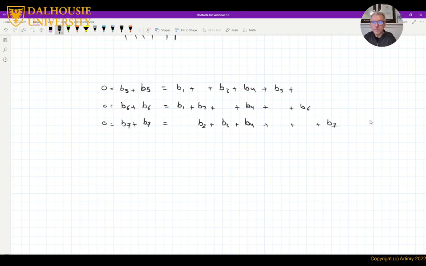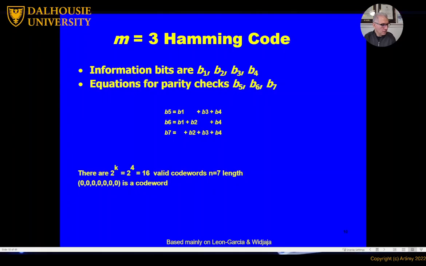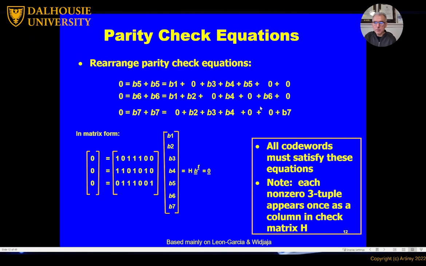This can be converted to a matrix very easily by looking at what I did here.